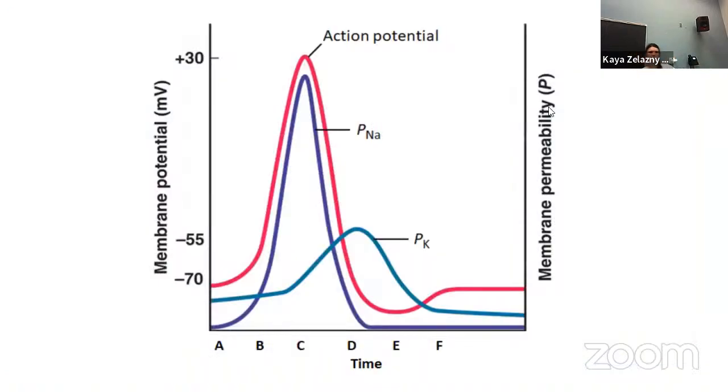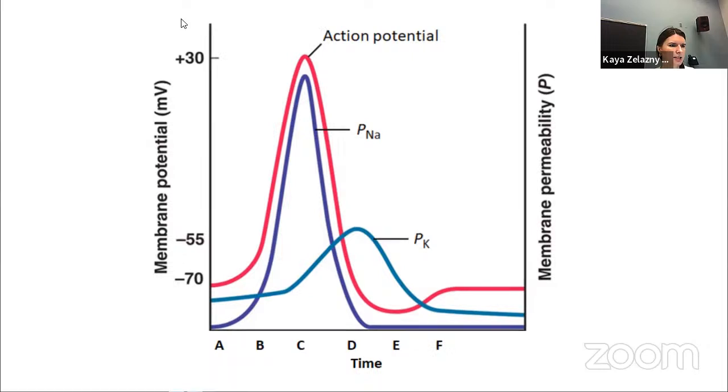And here we see what this is going to look like layered onto our action potential. This is a little confusing at first, so I'm going to highlight some things here. What we're looking at here in red, this is our action potential, talking about the change in the membrane potential.